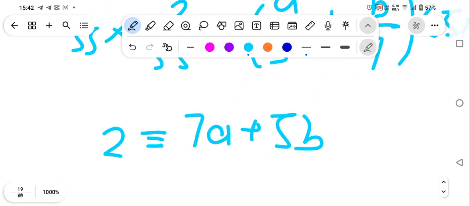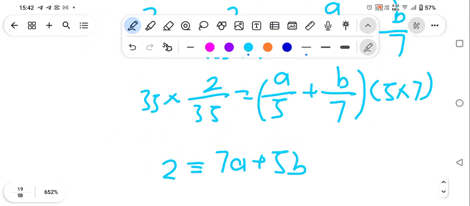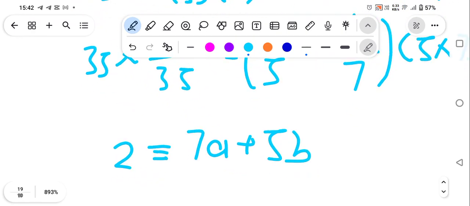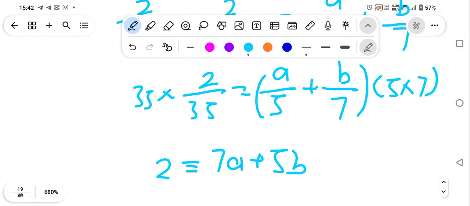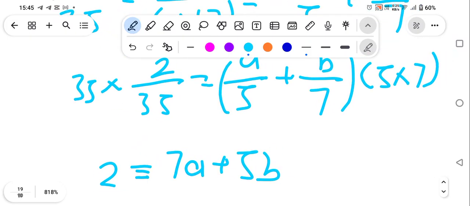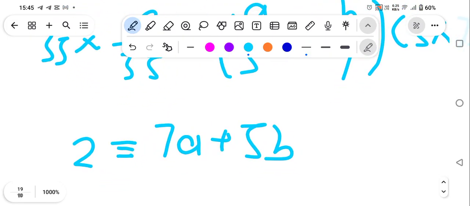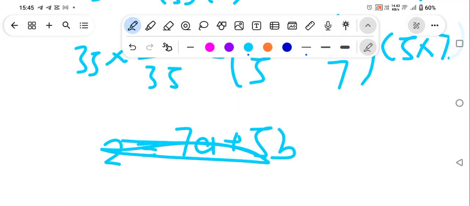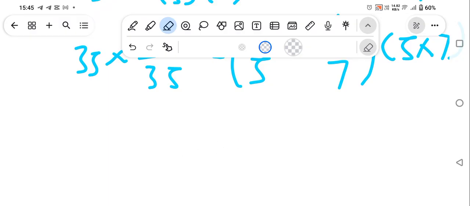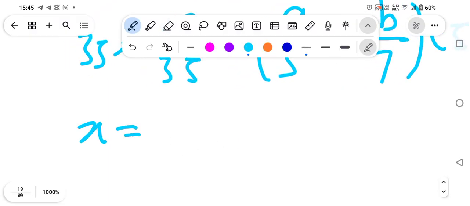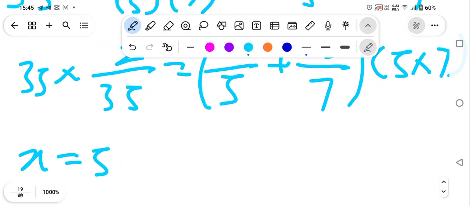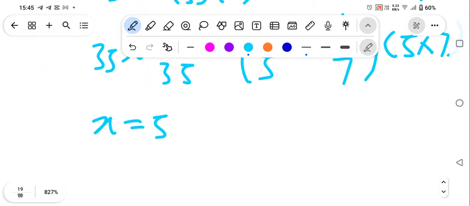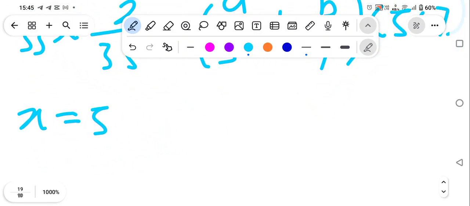So now we're gonna do a thing. Alright, here's the thing. I'm gonna let x equal 5. So I'm gonna erase this first. So now, what will our new equation be?